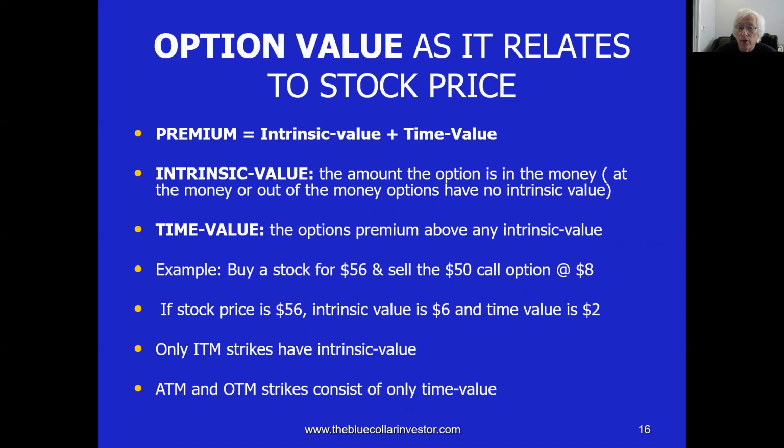The premiums are all time value, all actual initial time value profit. The only strikes that have an intrinsic value component to them are the in-the-money strikes, the ones lower than current market value. Now, if you don't grasp this right now, don't worry about it. Took me a long time to get this, but as we go through all the steps in the tutorial, it will become second nature to you. I promise you that.